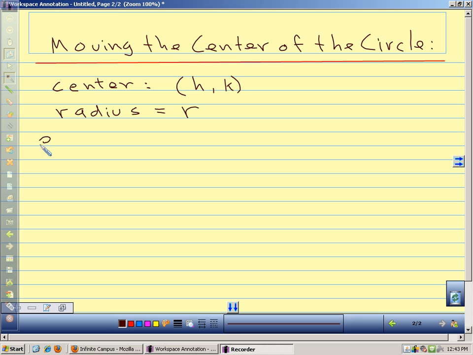Our equation is (x minus h) squared plus (y minus k) squared, and that equals r squared. So when we have the equation of a circle, it tells us where the center is, and it tells us what the radius is.